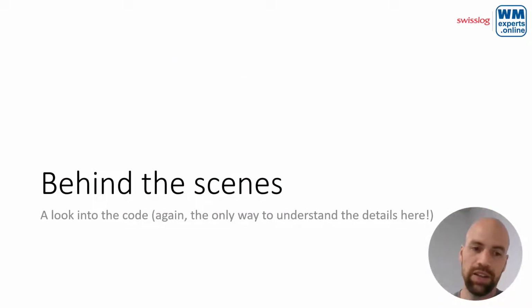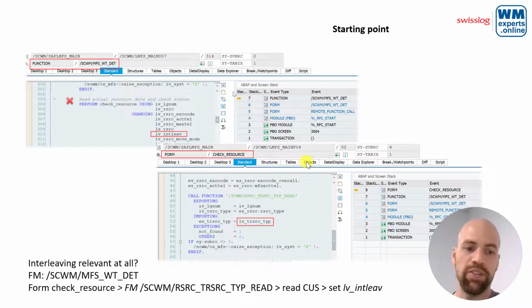Again, as with some other topics, the only way to understand this is to look into the code. We will make it simple. I don't want to lose you here and make it too complex, but we cannot avoid this deep dive. We start at function module SCWM_MFS_WT-DET.